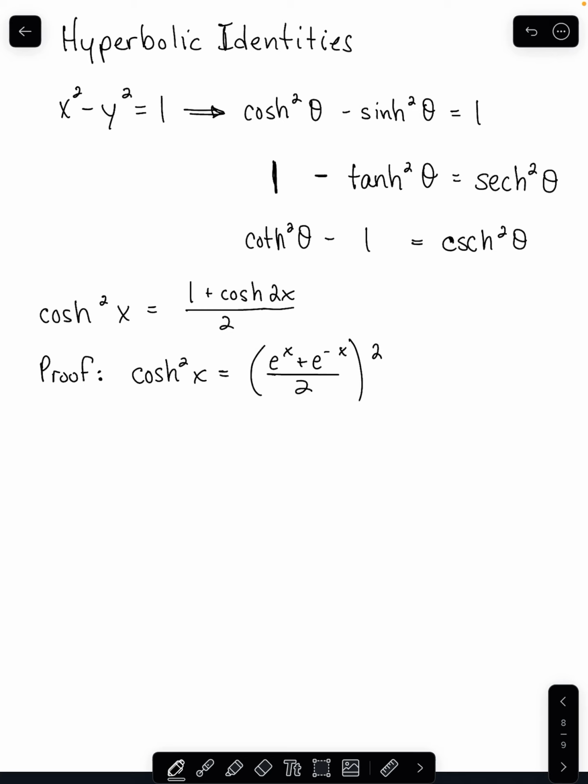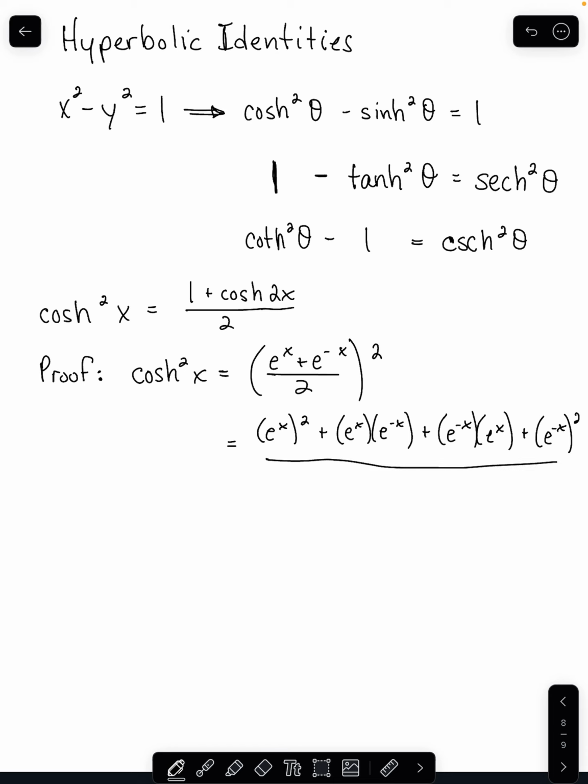We can expand the top by squaring it, which will give us e to the x squared plus e to the x times e to the negative x plus e to the negative x times e to the x plus e to the negative x squared. And in the denominator, 2 squared is 4.